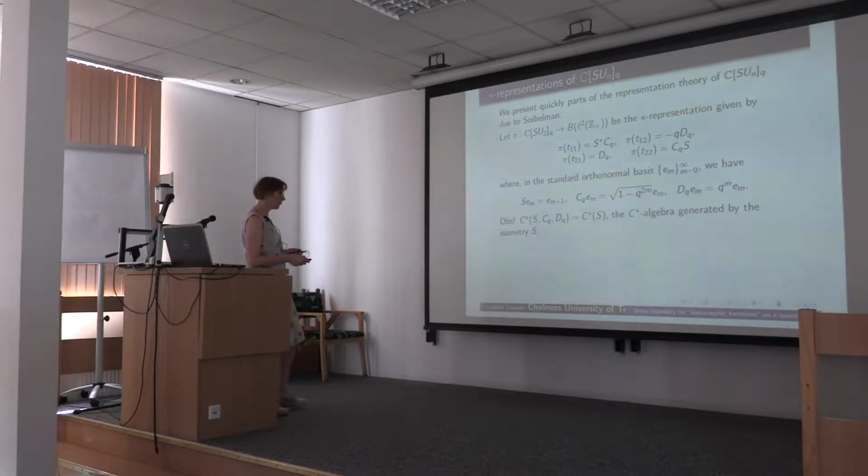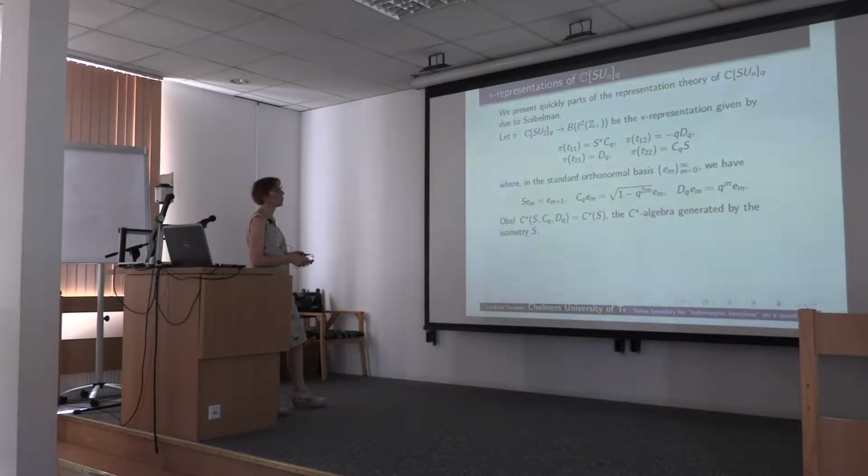One can show that these diagonal operators can be written as functions of this isometry and its adjoint. In particular, the C*-algebra generated by this isometry S is the same as the C*-algebra generated by S, C_q, and D_q.